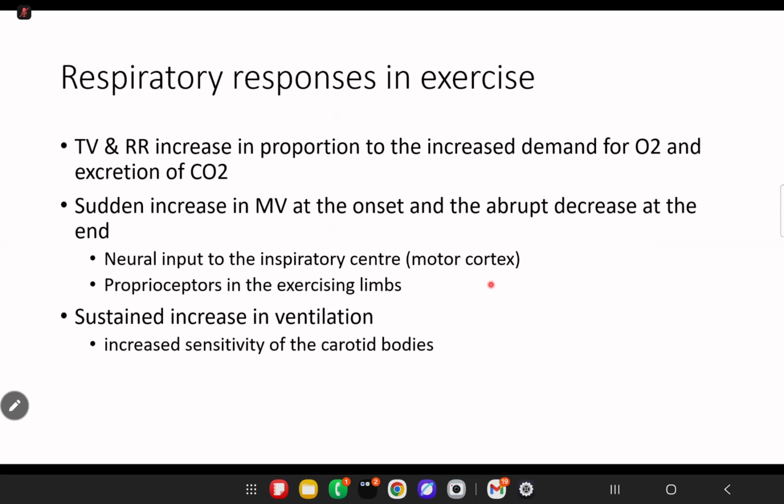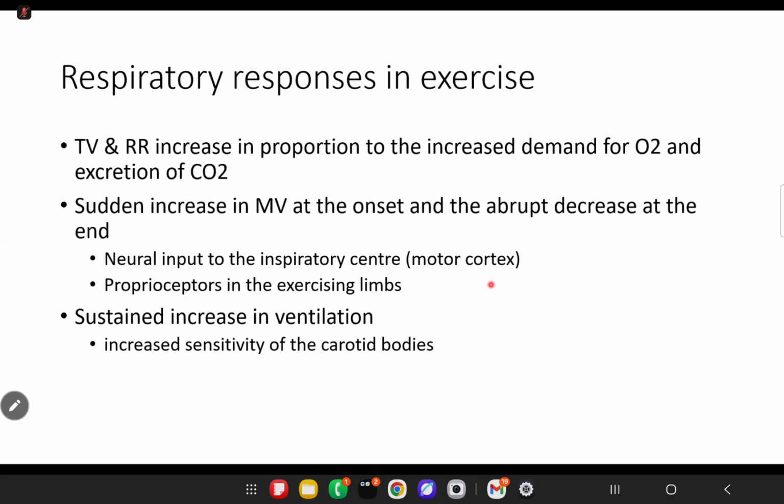The increase in minute volume is basically controlled by the motor cortex, because there's neural input into the respiratory center from the motor cortex. So when you start to exercise, the motor cortex informs your respiratory center to breathe a little faster and deeper. And then you have proprioceptive input from your muscles. Therefore, your tidal volume and your respiratory rate will increase, thereby increasing the minute volume.